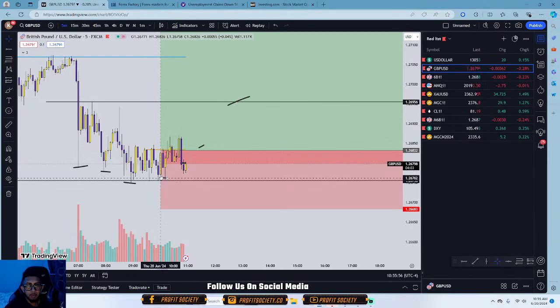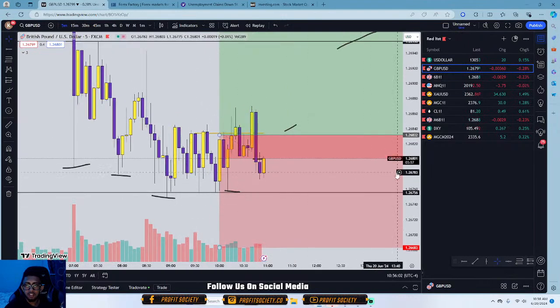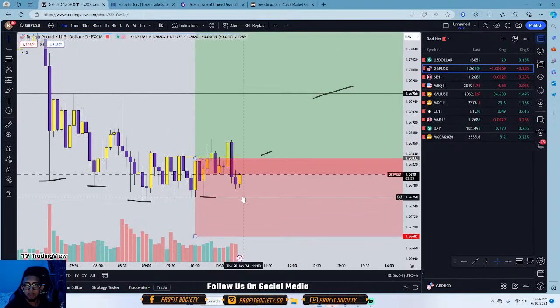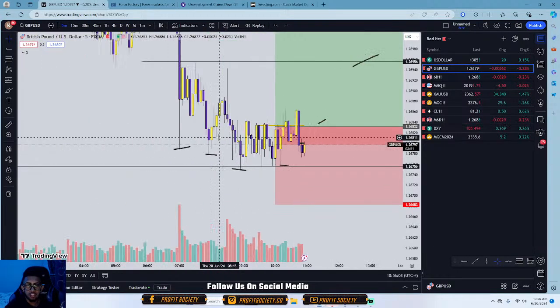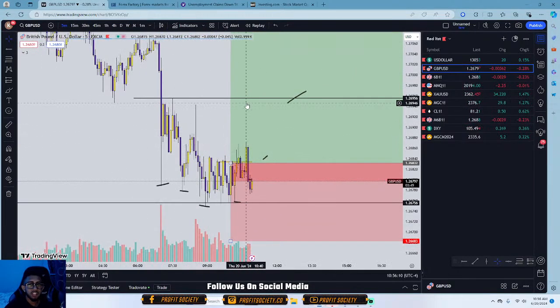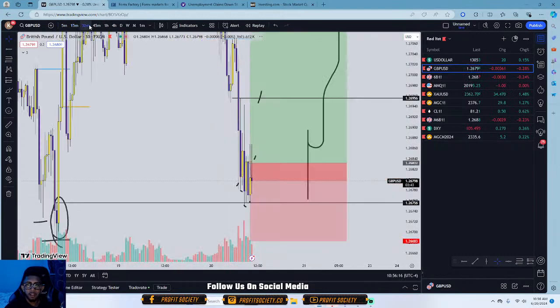I'm going to let you guys know my plan. If we break this low right over here, I'll close out, because there is still this accumulation price action. And until we break structure completely, we're still in the game a little bit. I know a lot of you guys are probably going to be like, oh no, but I know this trade might go left.